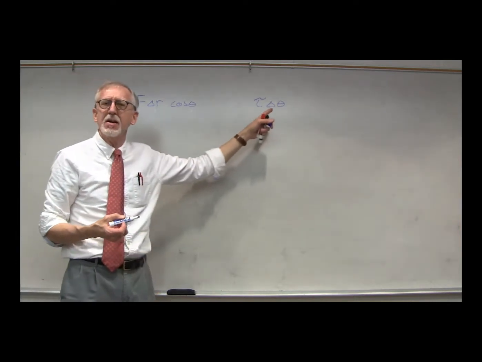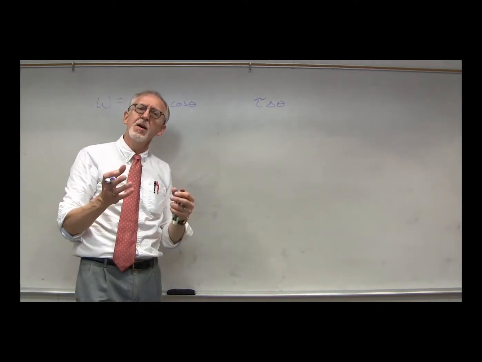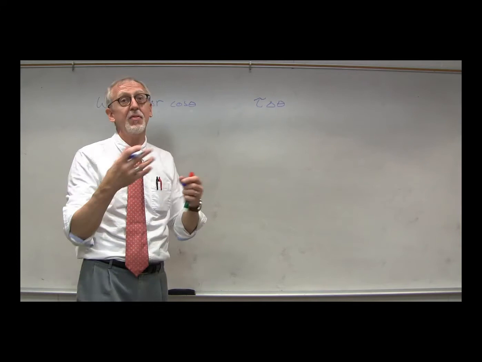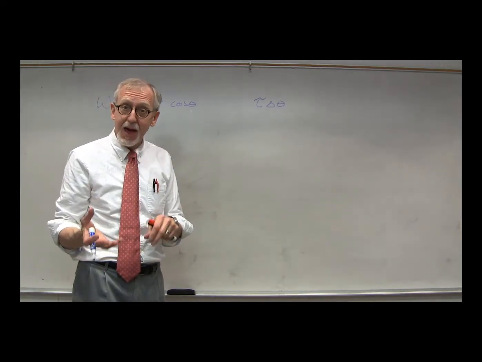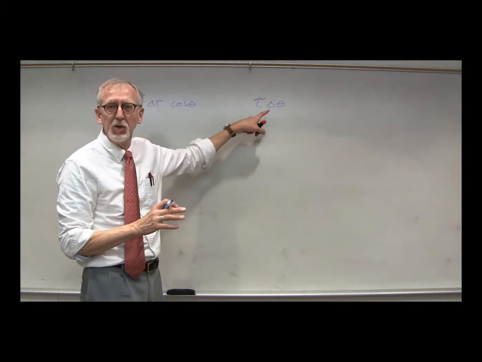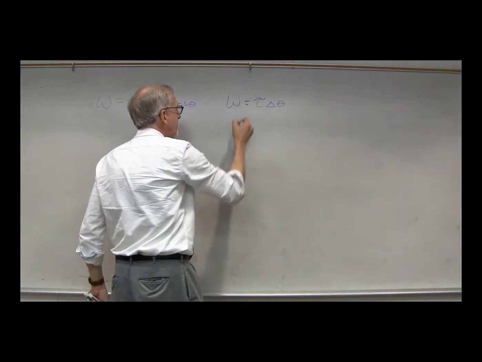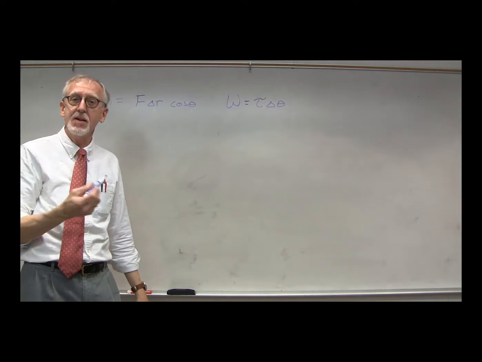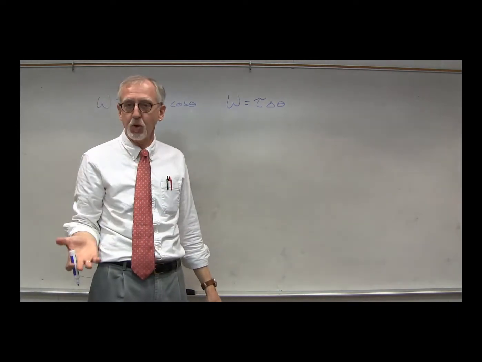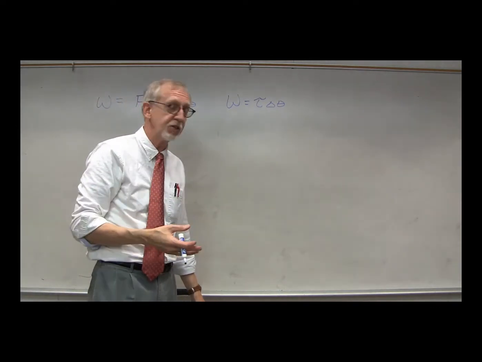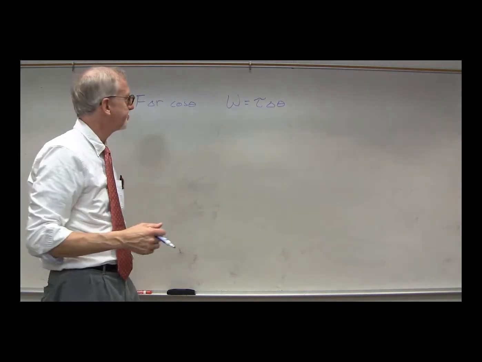That's actually a very complicated thing to deal with when the torque acting on an object is not in the same direction as the angular displacement. So for us, we'll just leave it at that. And actually, that is the rotational form for work, tau delta theta, as long as the torque and the displacement are in the same direction, or opposite to each other.